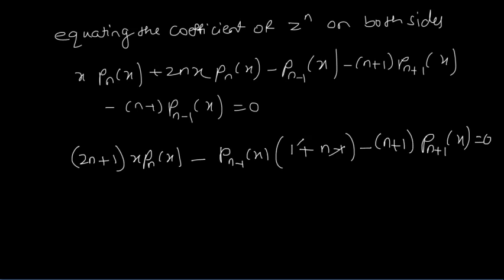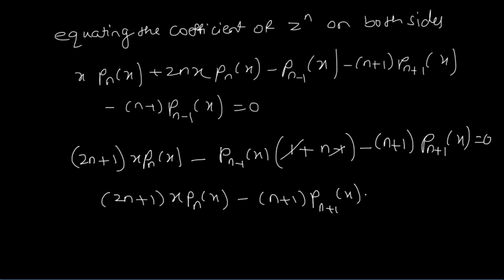So here plus 1 minus 1 get cancelled, and it is 2n plus 1 into x into Pn of x is equal to minus of n plus 1 into Pn plus 1 of x, and here it is minus n into Pn minus 1 of x equal to 0. So now we should bring the given equation in terms of the given one.